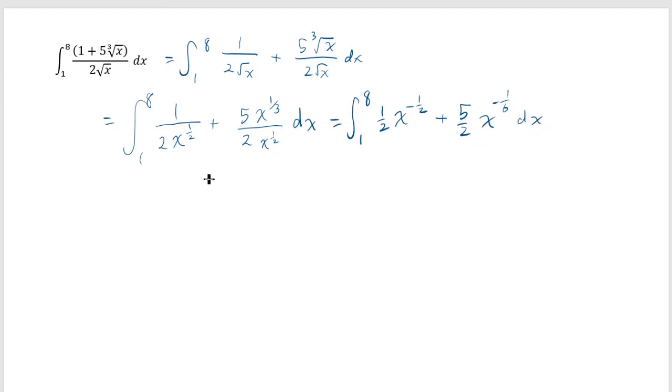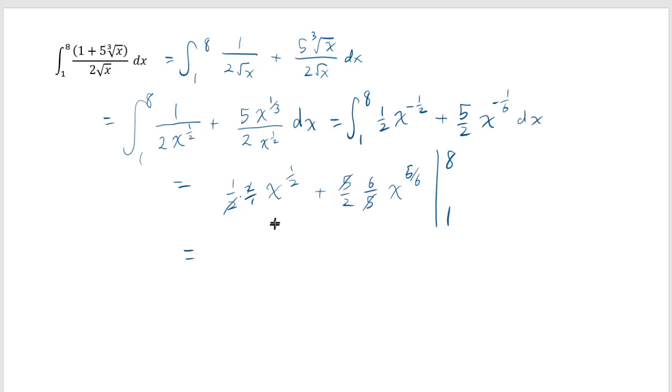Okay, and then you add 1 to the exponent, which is x to the 1/2, put the reciprocal, which is 2 over 1, okay, plus add 1, which is 5 over 6, and put the reciprocal, which is 6 over 5. Okay, the thing is that these cancel. Oh, by the way, you still have to evaluate at 8 and 1, right?